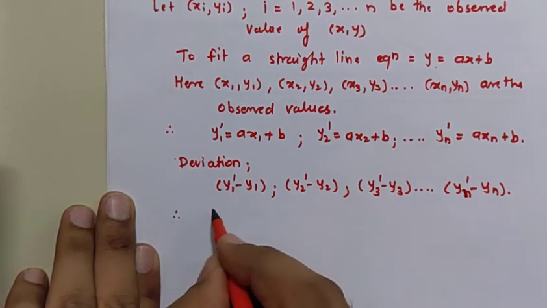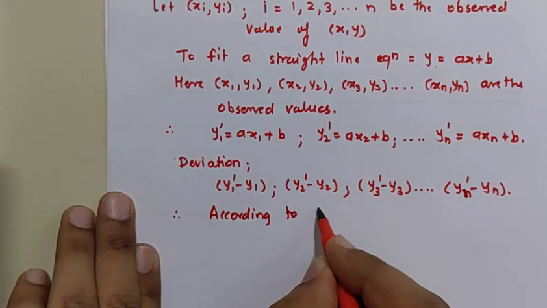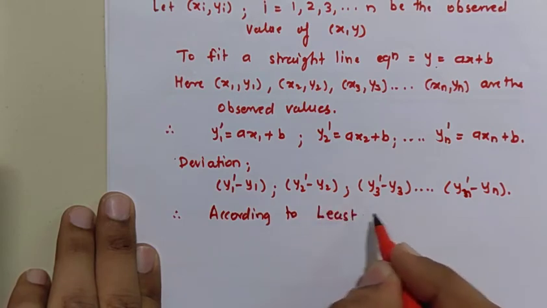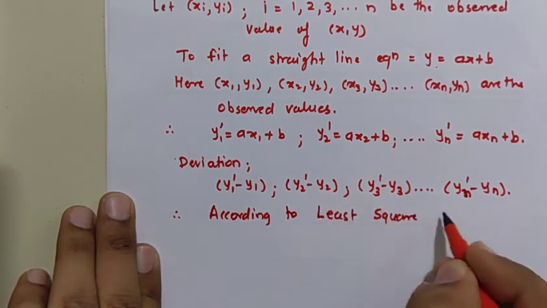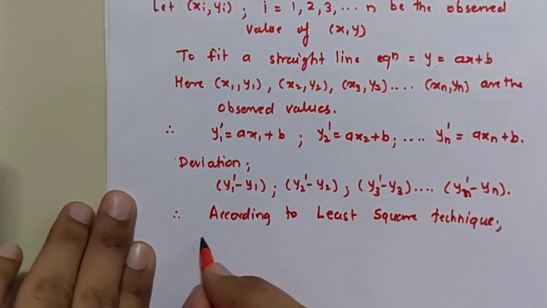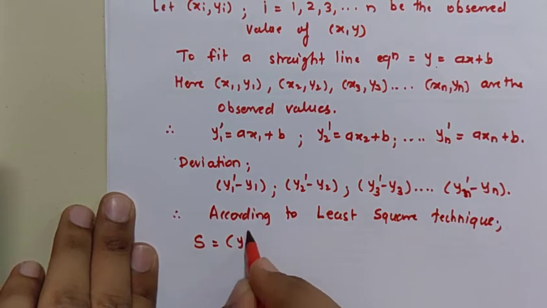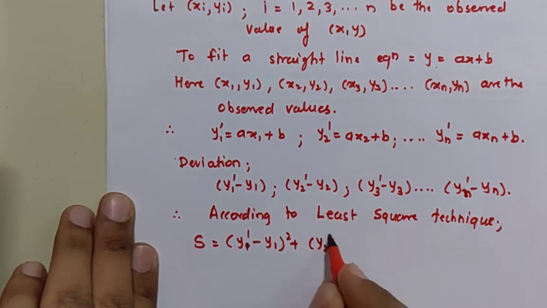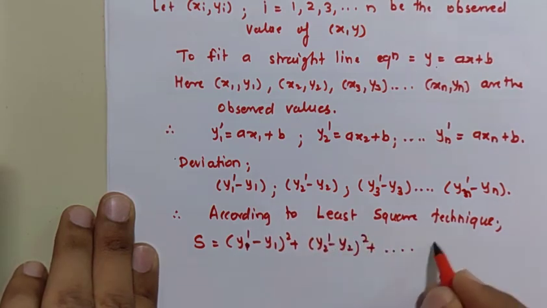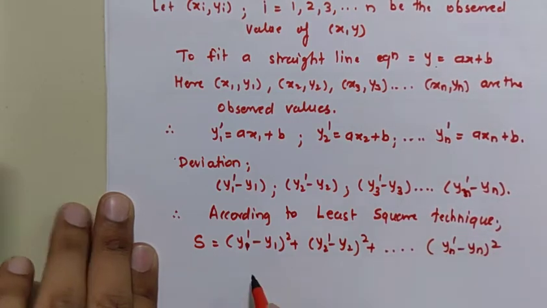So according to the least square technique, the sum of the squares of these deviations is (y1 dash minus y1) square plus (y2 dash minus y2) square plus up to (yn dash minus yn) square.